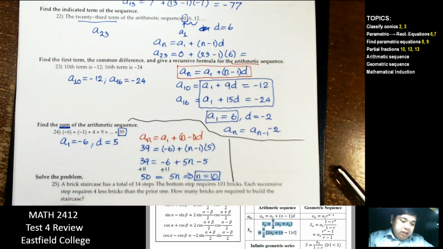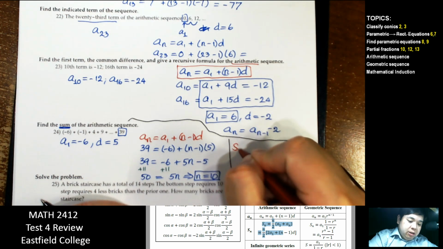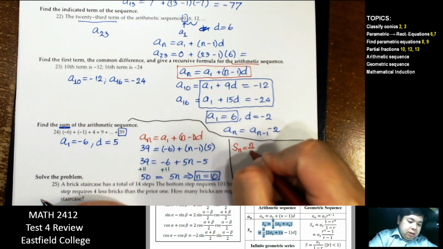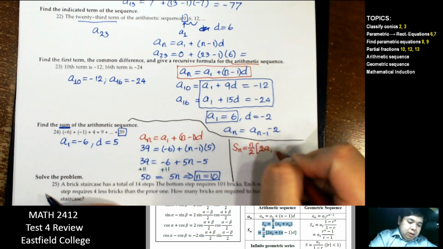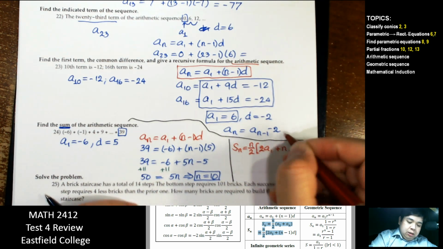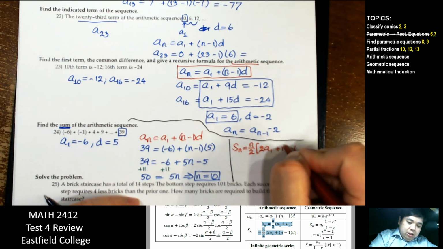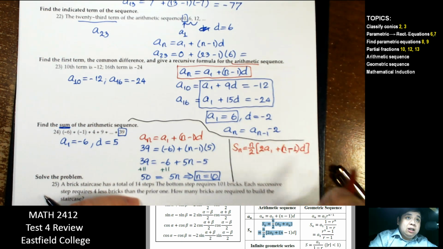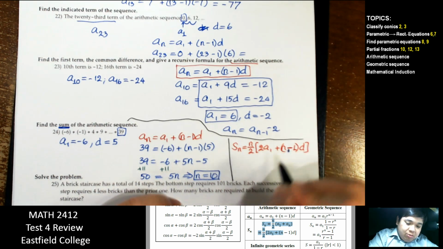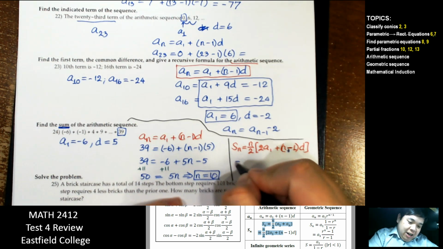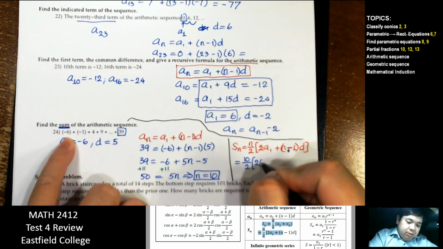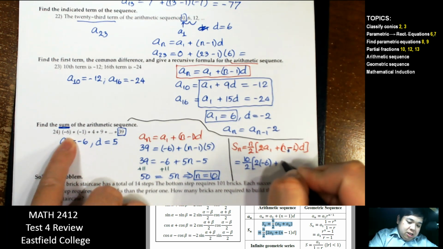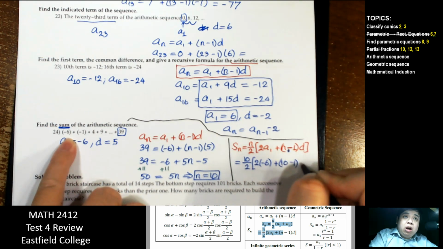Next could be easy. Now we know the number of terms. There's nothing there. Sorry. The number of terms is 10, over 2, times 2 times the first term plus the 10 terms minus 1 times the common difference, which is 5.